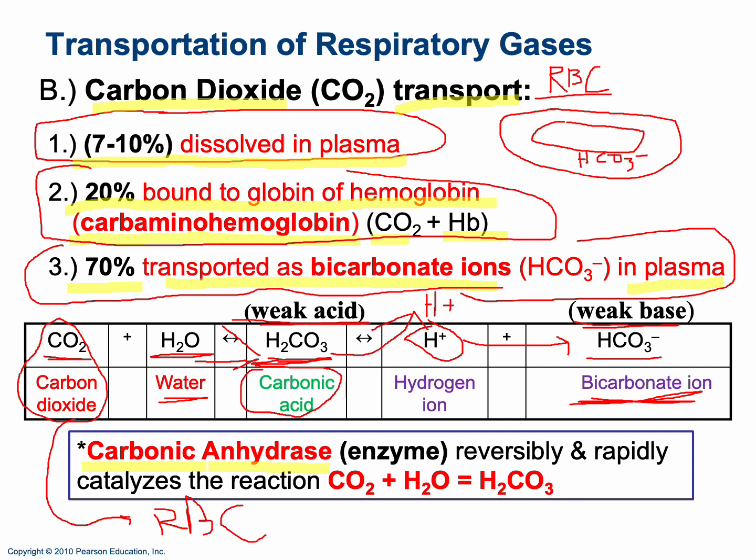bicarbonate. But in order for it to travel in the blood, the bicarbonate actually will move off the red blood cell and will move into the actual plasma of the blood. So then it's going to be out here for actual transport in the body.